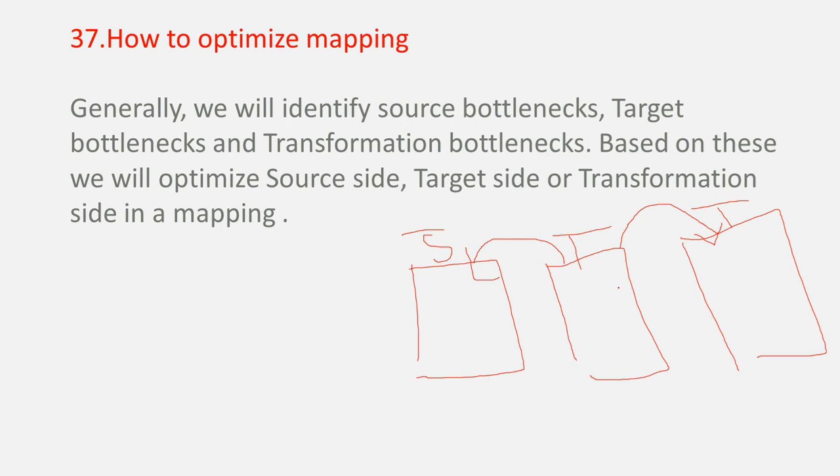Based on this, we optimize the source side, target side, and transformation side. Some algorithms we can discuss later. On the source side and target side, we can do partitions. Through some performance tuning, we overcome this problem on the transformation side.